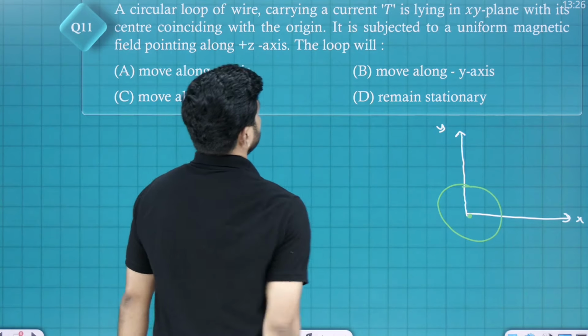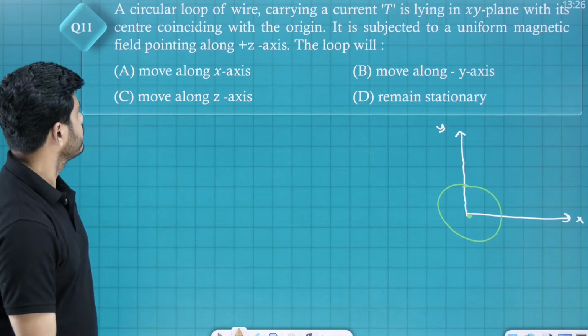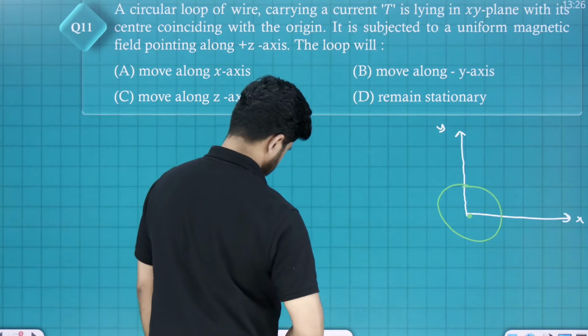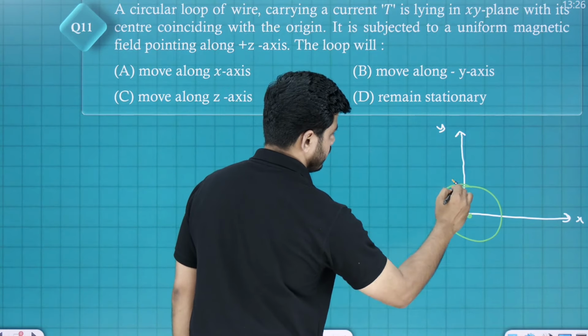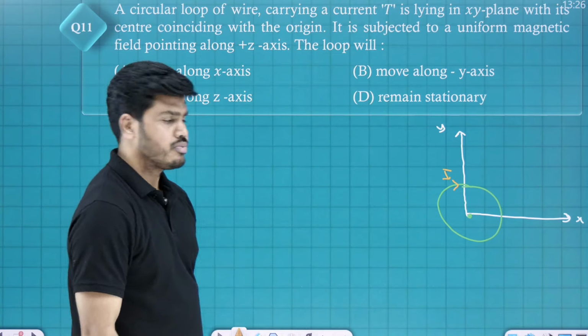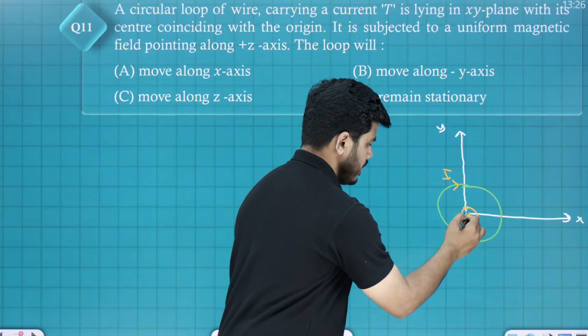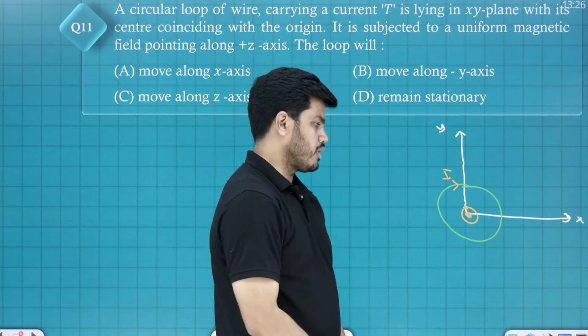Now the circular loop has a current passing through it. Then what will happen to this loop? This is what we checked before. If you have a current flowing through this wire, and the magnetic field is acting along the positive z axis, the magnetic field is a dot, right? It is coming out. In this region, the magnetic field is coming out.